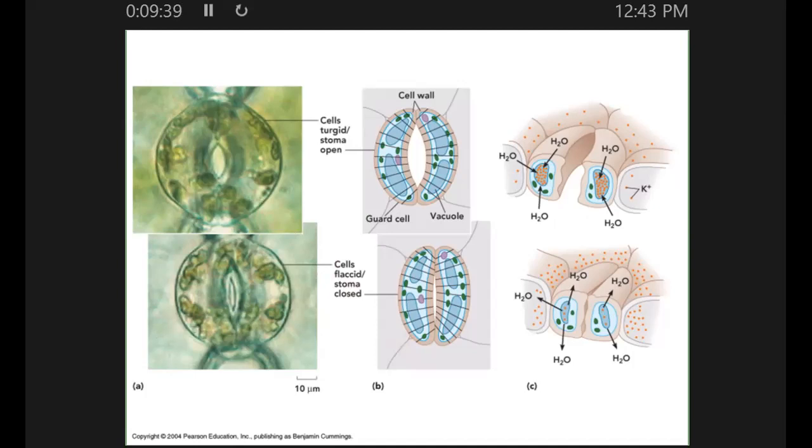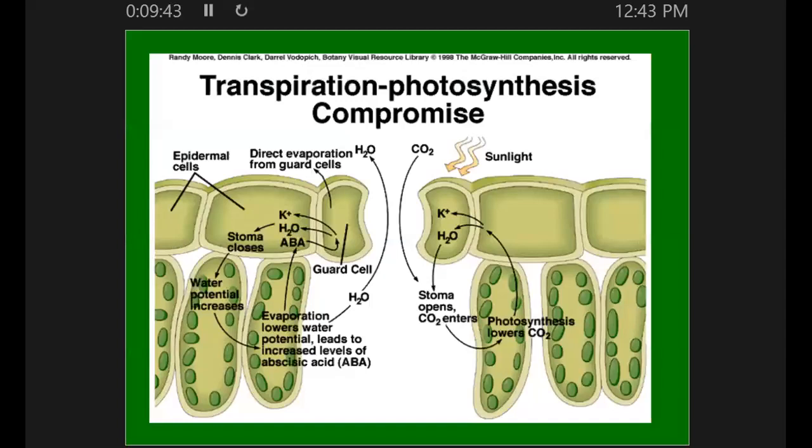And don't forget, as soon as the stomata open, you have transpiration happening. It can't not happen. It's automatic. If the stomata open up, you're going to have water leaving the plant body. Do you remember what force is actually causing that to happen? Is it positive pressure or tension?